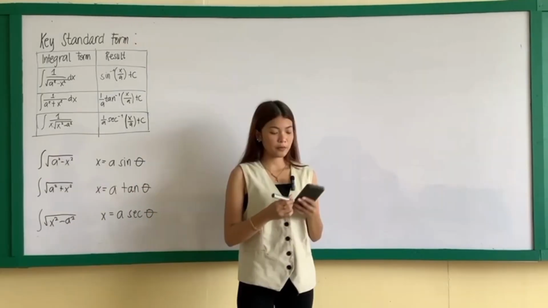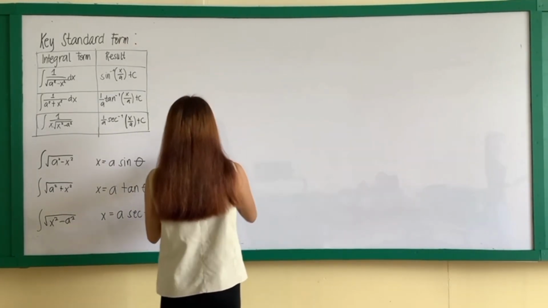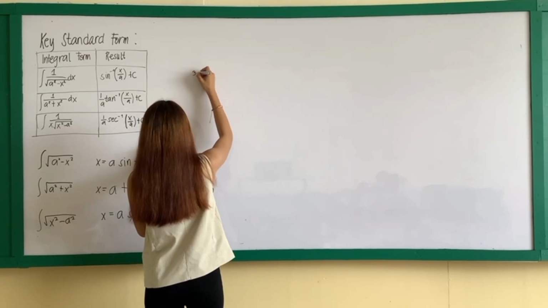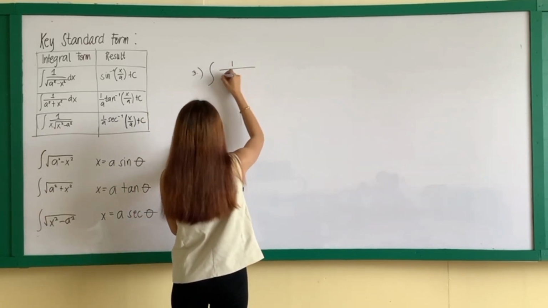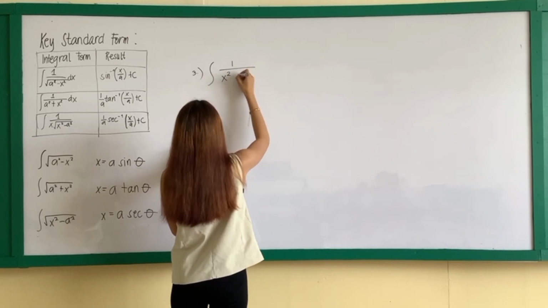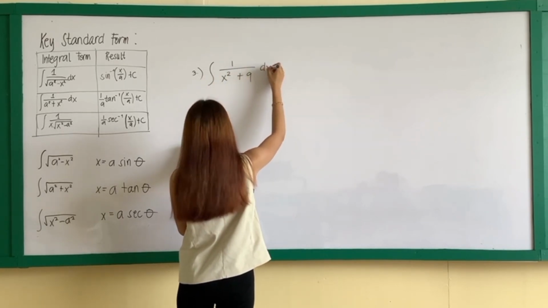Our problem number 3 is the integral of 1 over x squared plus 9 dx.